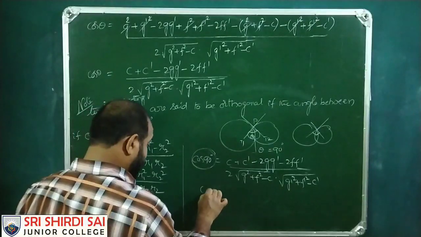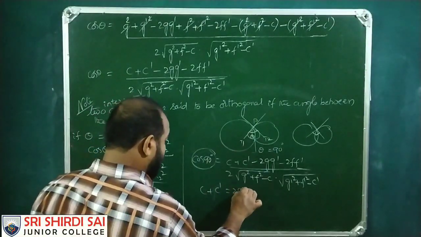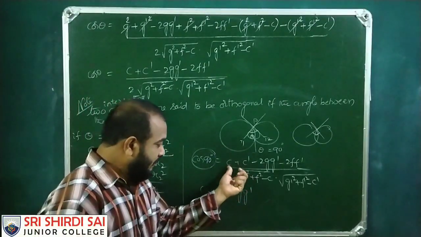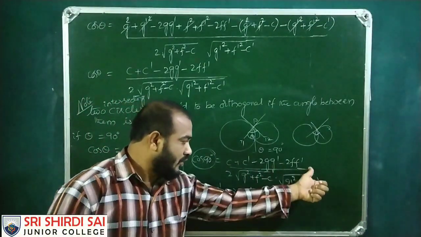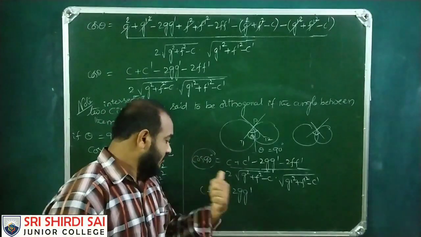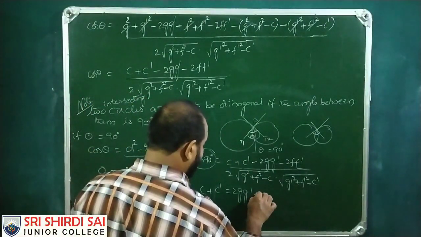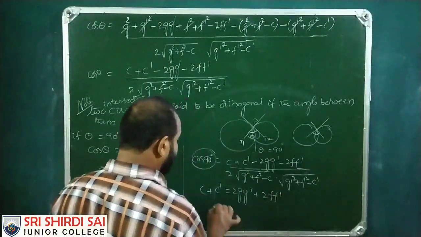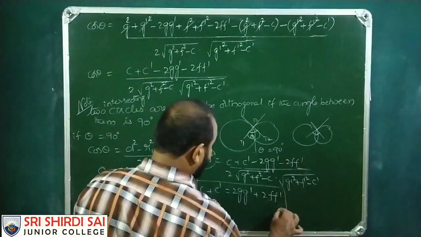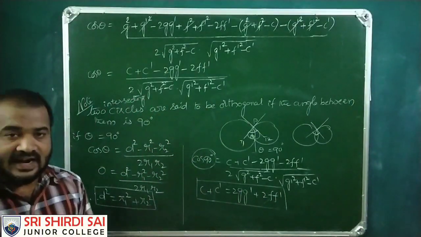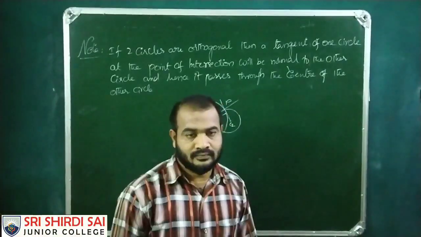So c plus c dash minus 2gg dash minus 2ff dash equals 0. After simplification, c plus c dash is equal to 2gg dash plus 2ff dash. This is the condition for orthogonality if two circles intersect each other at 90 degrees.